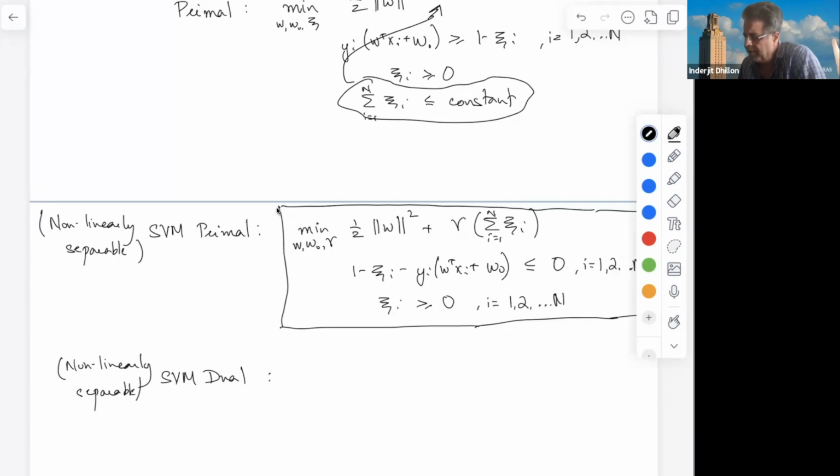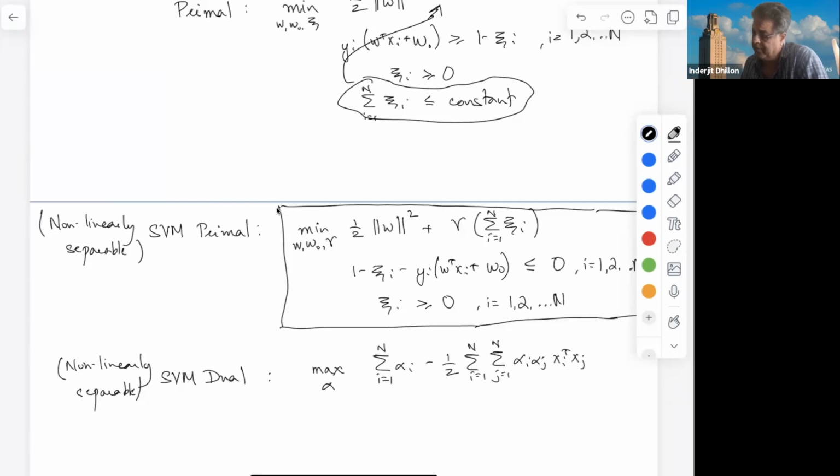And what you end up getting is, maximize over alpha, very similar, summation of alpha i, i equals 1 through n, minus 1/2 summation of i equals 1 to n, summation of j equals 1 through n, alpha i, alpha j, xi transpose xj.